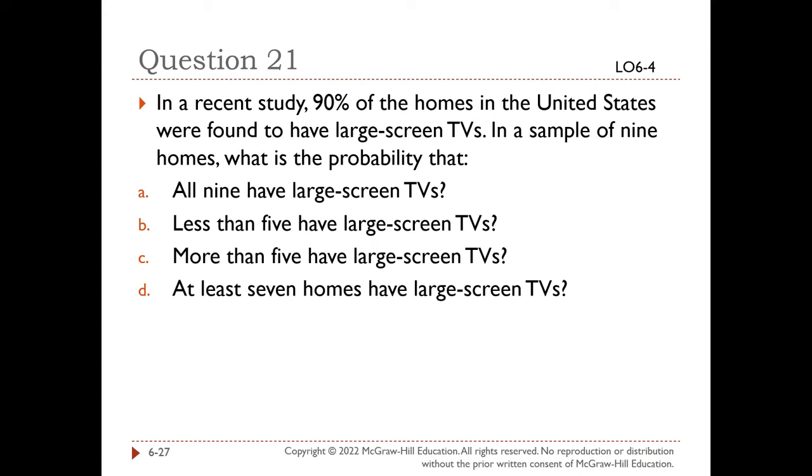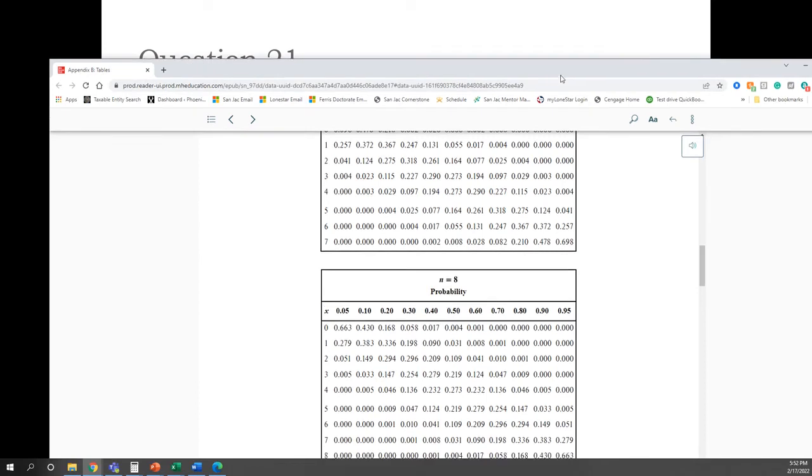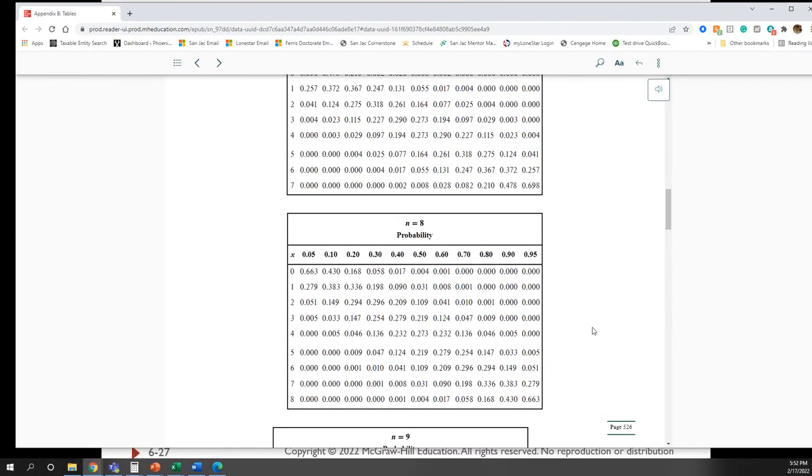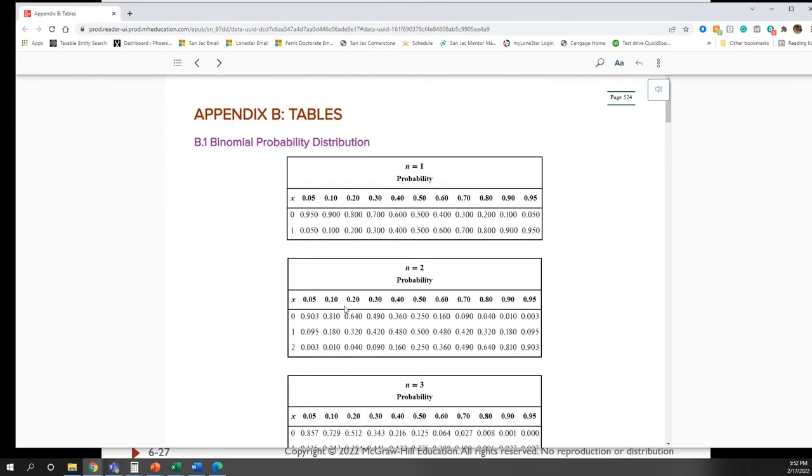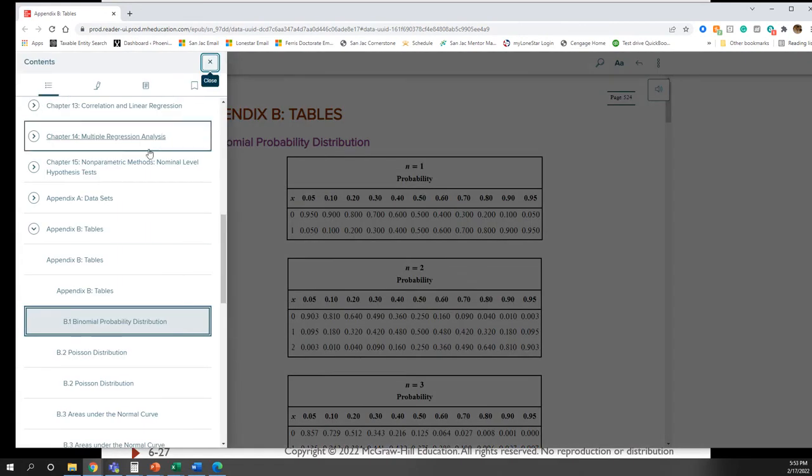Alright. Let's go look at something. Alright, so we're going to go look at your book. So let's go pop that up. So here's your book. Now, you do need to go to your ebook. In order to get to your ebook, you'll find it on the left side. When you go to your book, go to Table of Contents and find Appendix B, Tables, and then Binomial Probability Distribution.